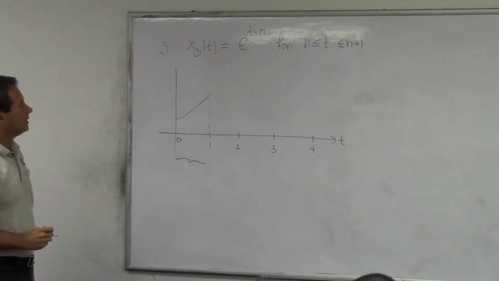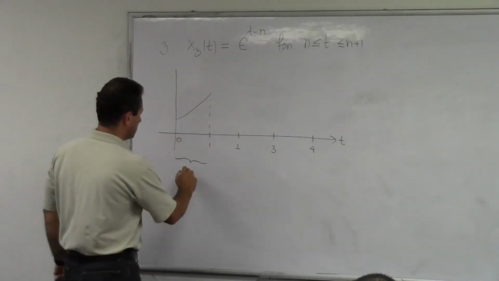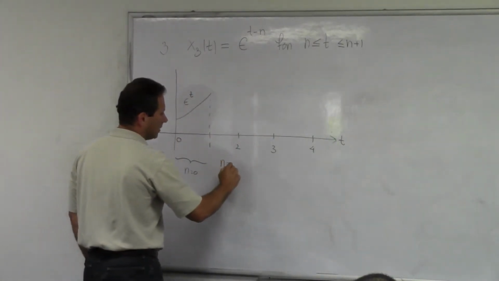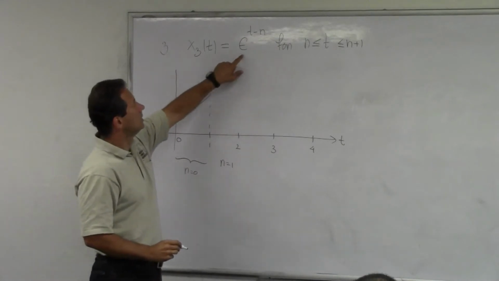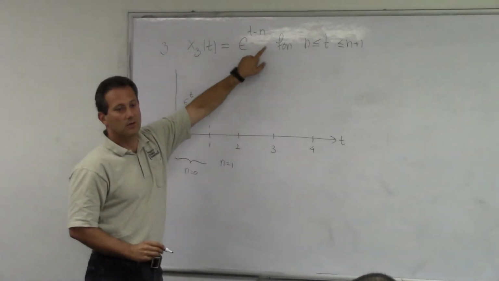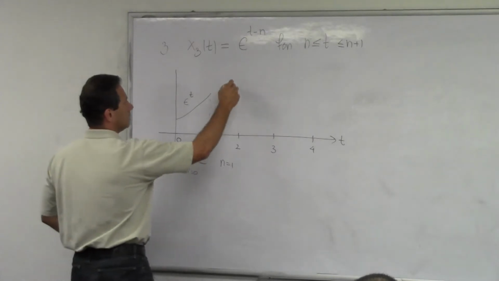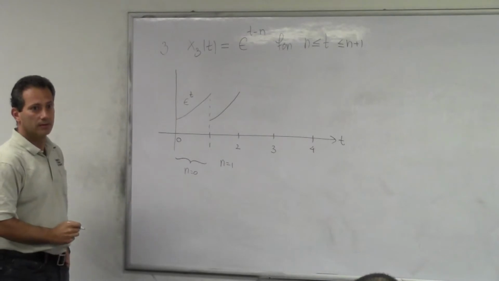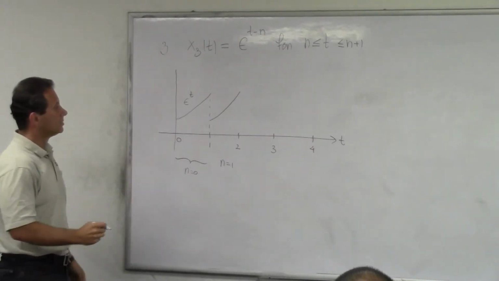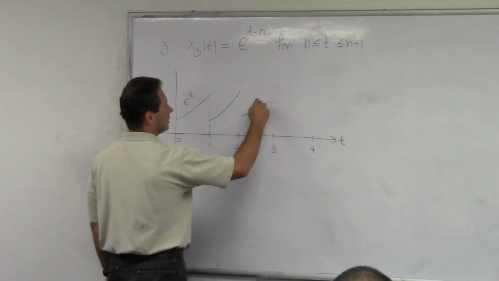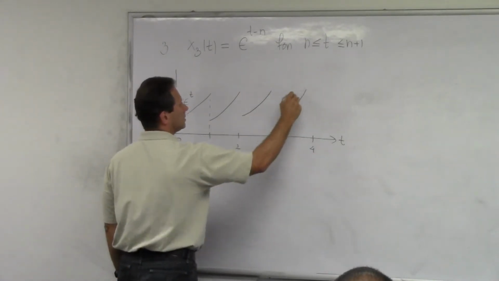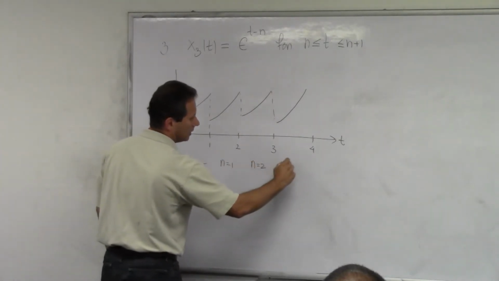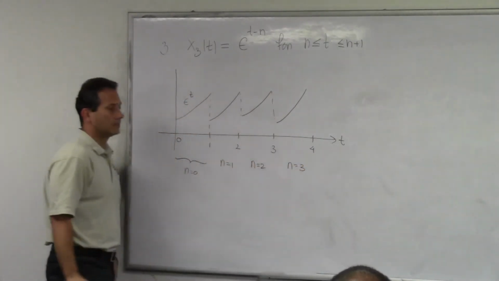Then in this interval here, when n is equal to 1, this is equal to e to the t minus 1. So how does e to the t minus 1 look? Well, it's the same as e to the t, so it looks like this. You follow? Yeah. So it is now a periodic waveform that looks like this. That's it. So you can see what the period is. This is n equals 2, n equals 3, and so on.